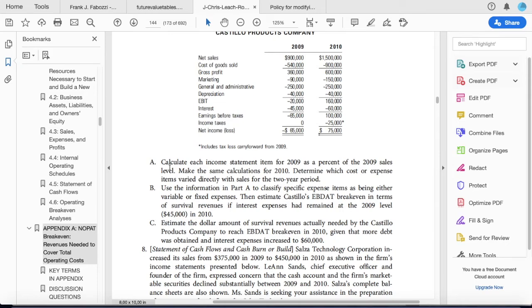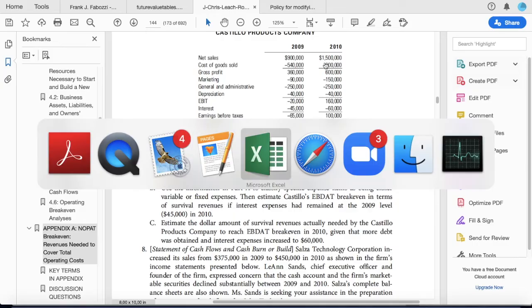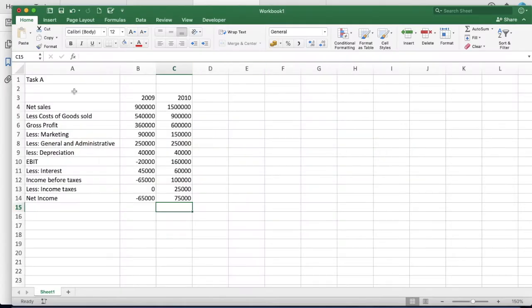As I told you before, we will use Excel to solve this exercise. First, all we have to do is rewrite the income statements on Excel. I already did it to save time. So these are the income statements in dollars for 2009 and 2010.